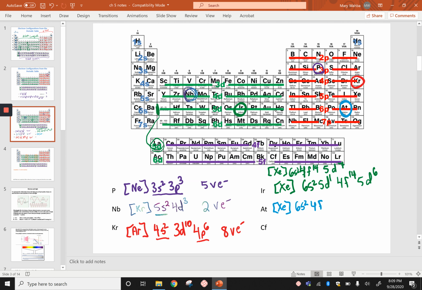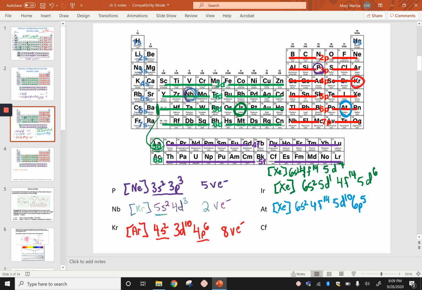So I'm going to write 4f14 and 5d10. If you prefer, you can write it as 6s2, 5d1, 4f14, 5d9. That is totally fine. It is more traditional that you would combine them, but if you don't want to, that is totally fine. Then we go to 6p, and how many boxes do we need to get to astatine? So 1, 2, 3, 4, 5 boxes, so 6p5.